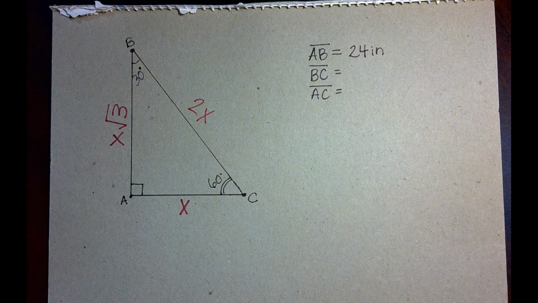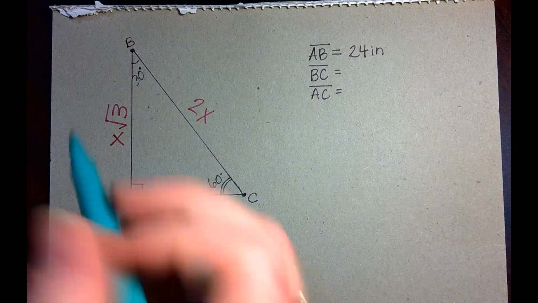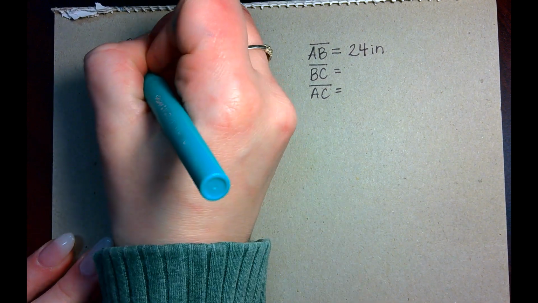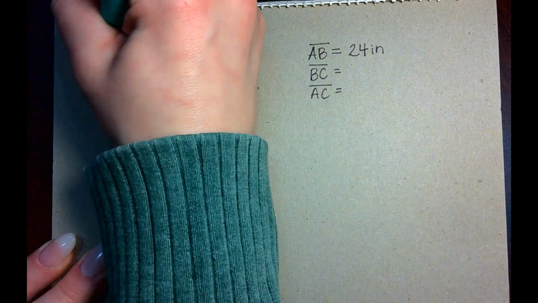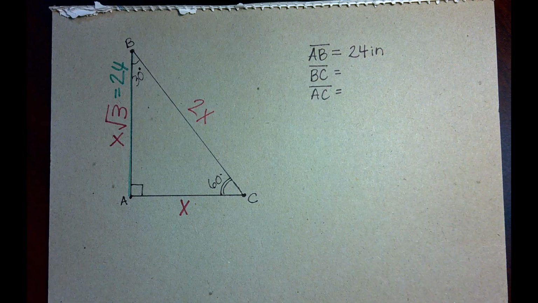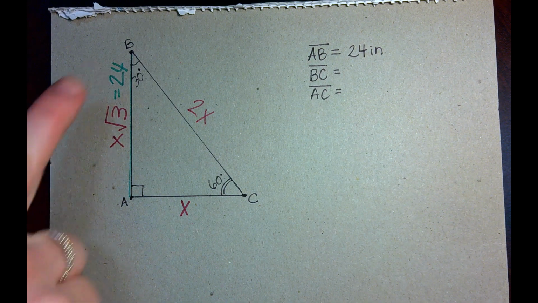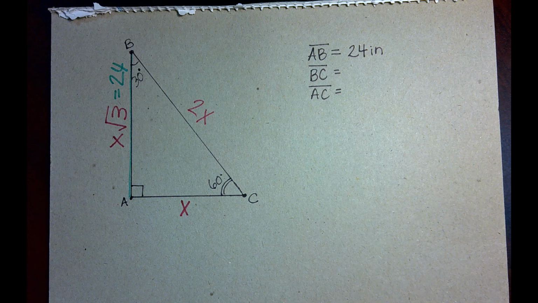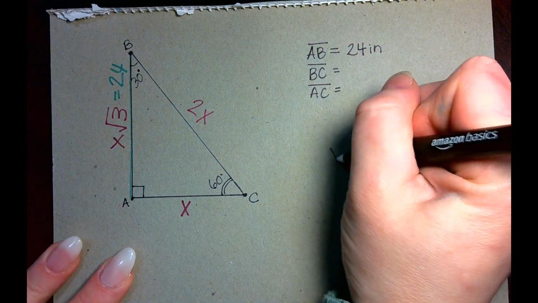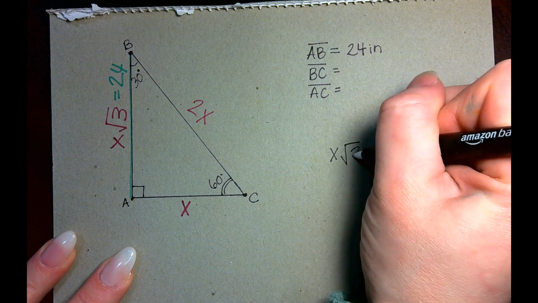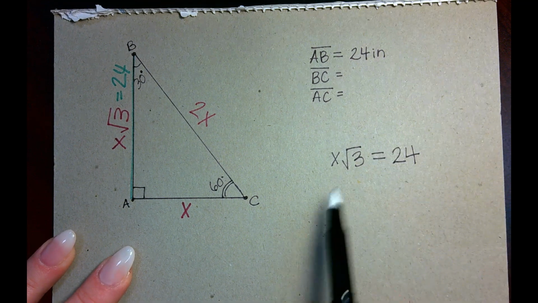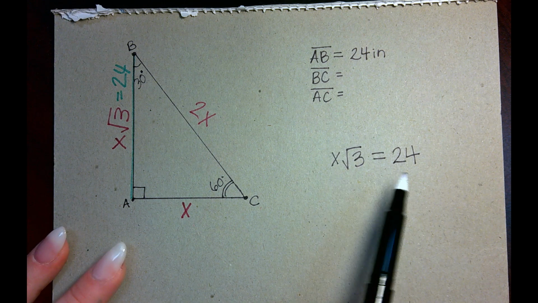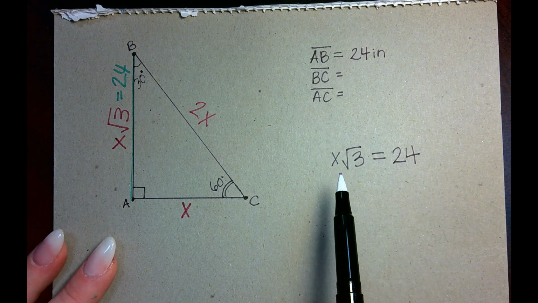So this means that x radical 3 equals 24. We're going to write this out and solve for x. I have x radical 3 equals 24. Before we solve this, is anyone unsure how we got this equation?